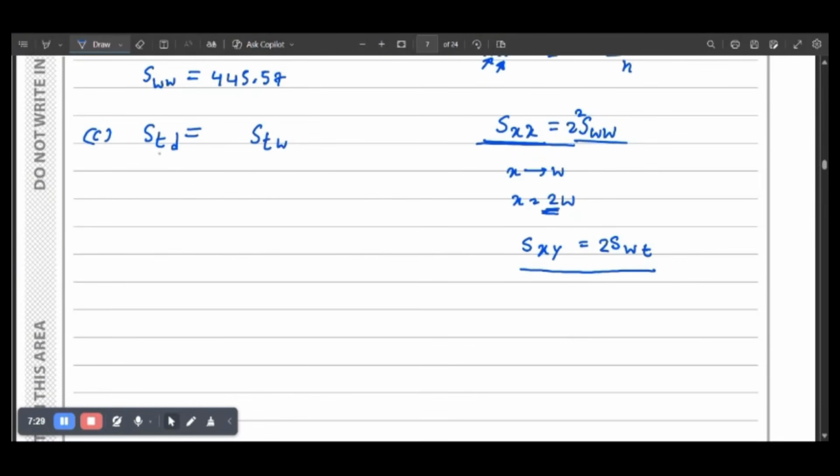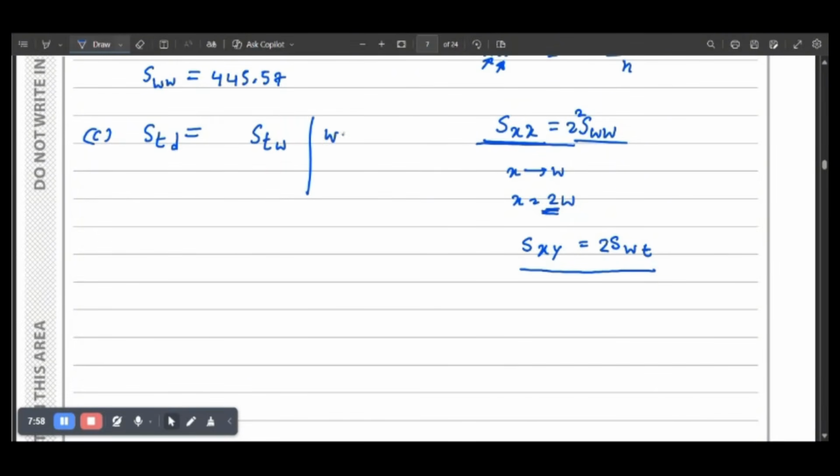Here we see that when we are converting t and d to t and w, we are only decoding one single variable, which is w. We're converting d into w. So what we have to do here is divide by the factor that was multiplied to get w.